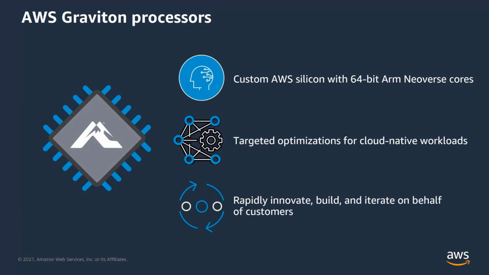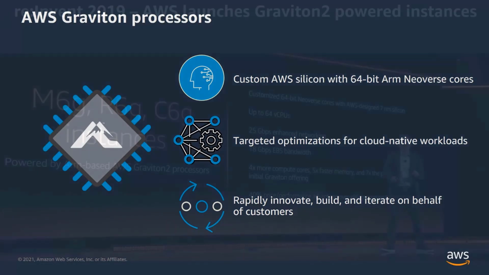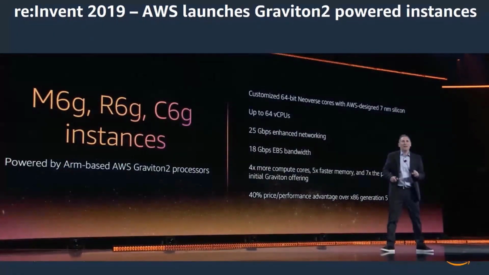By building our custom processors, we can rapidly innovate and iterate on behalf of customers, providing great performance with significant cost savings. So how can you take advantage of AWS Graviton2? As I mentioned before, AWS Graviton processors are custom built by Amazon Web Services using 64-bit ARM Neoverse cores to deliver the best price performance for your cloud workloads.